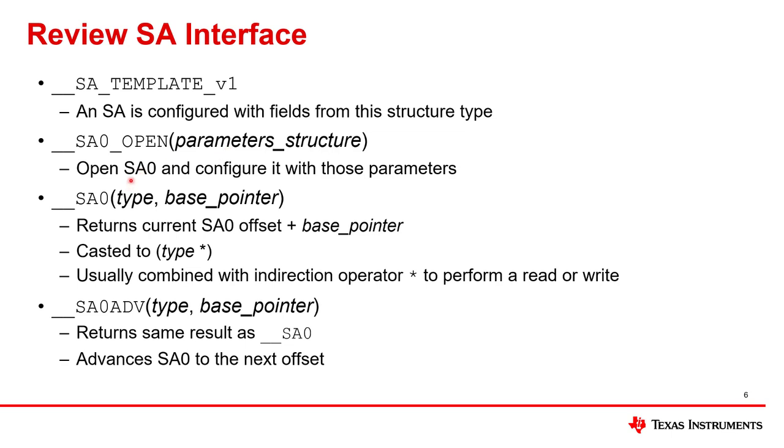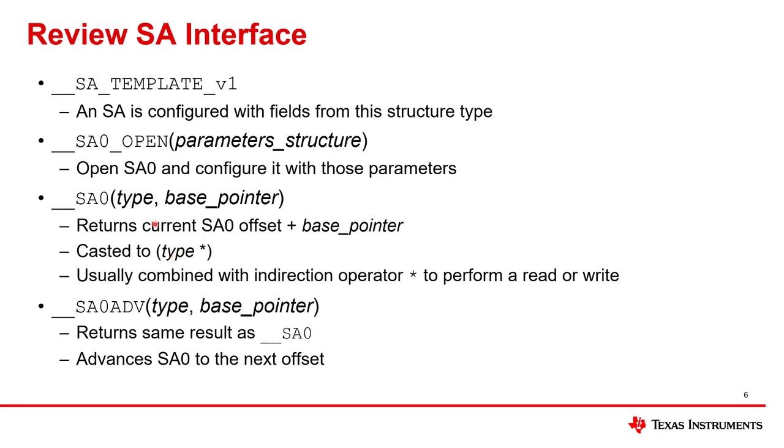What it does is it opens SA0 and configures it with those parameters. The function SA0 has two inputs, a type and a base pointer. What it does is it returns the current SA0 offset plus that base pointer. That's an address. It is cast to a pointer to type, whatever that is.